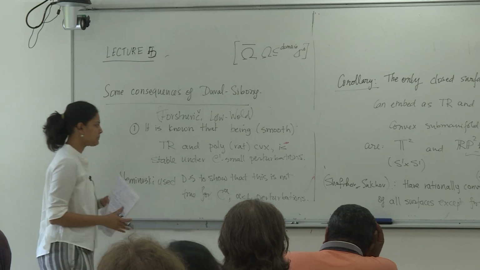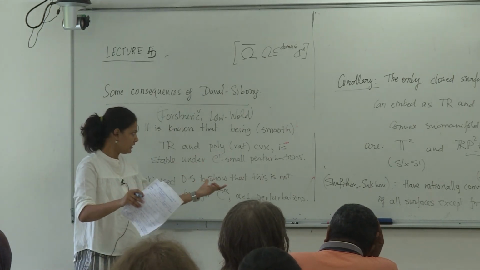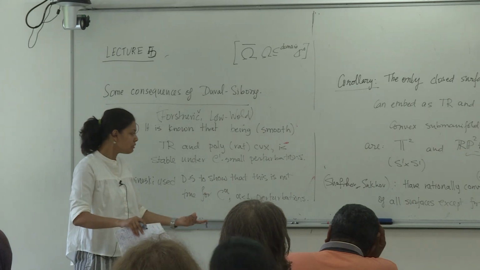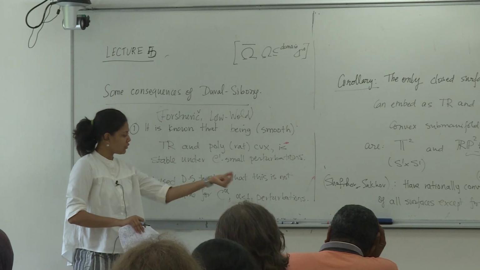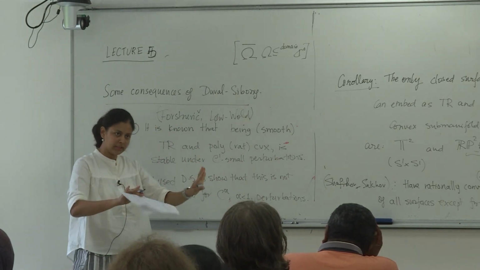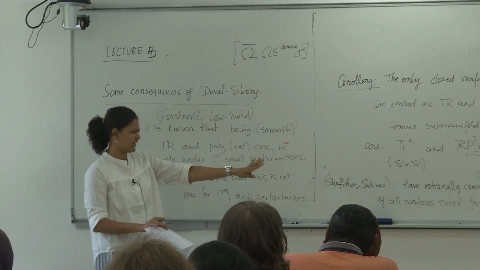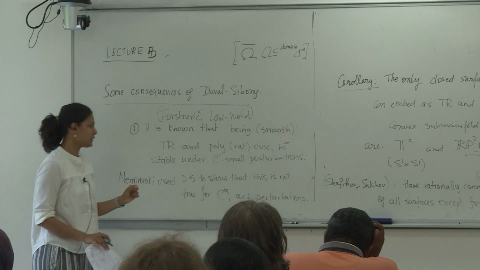So he produced explicit examples. In fact, he produced tori in C2, which are smooth, but they are just C alpha perturbations of a totally real rationally convex torus. In fact, they are perturbations of the standard torus, but they are C alpha small perturbations.